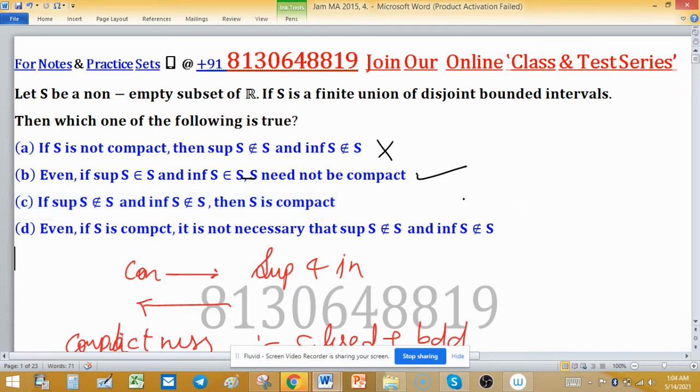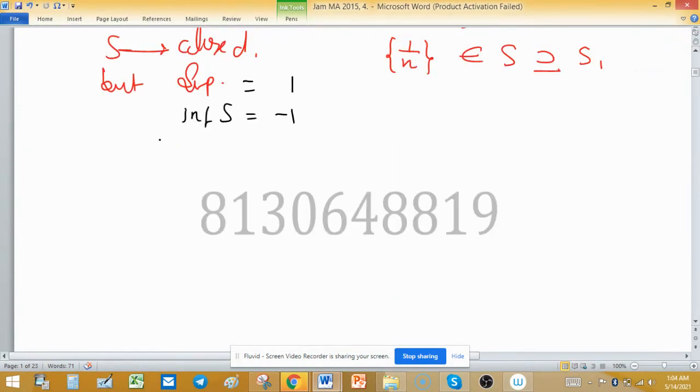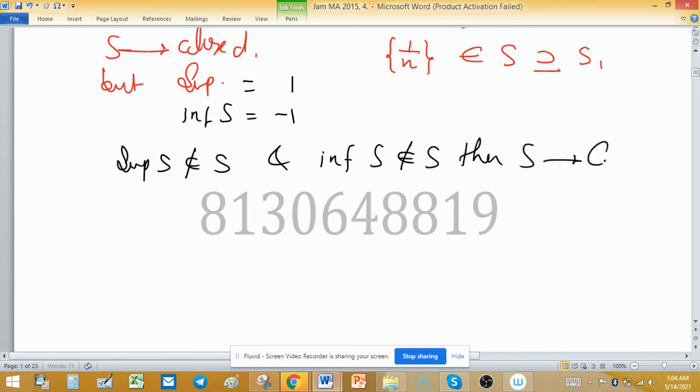So you can consider what is given: the supremum of S is not in S and the infimum of S is also not in S, then S is compact.